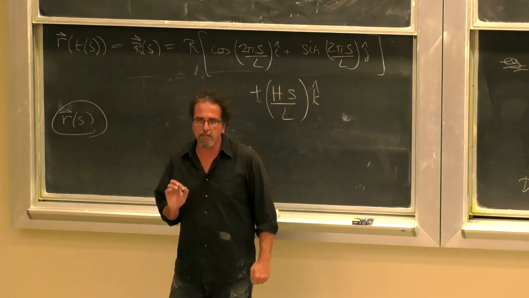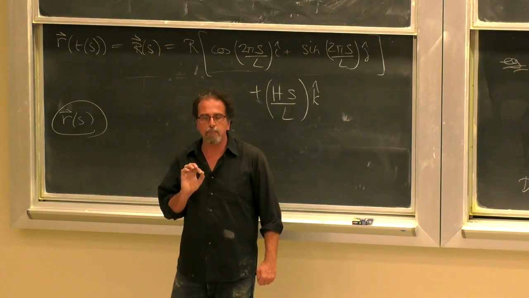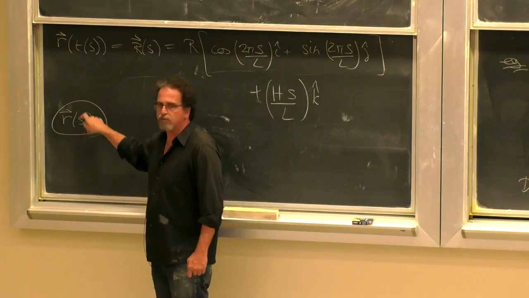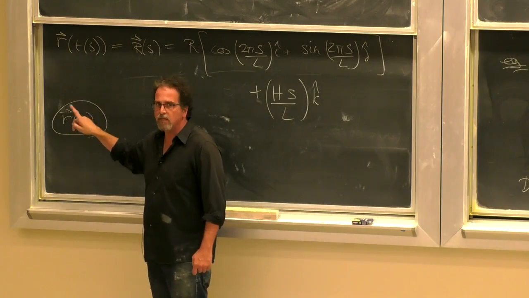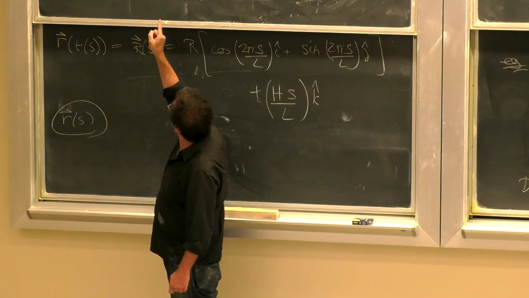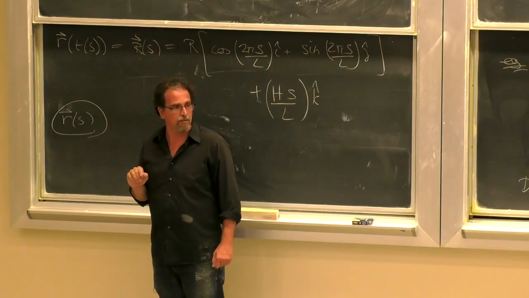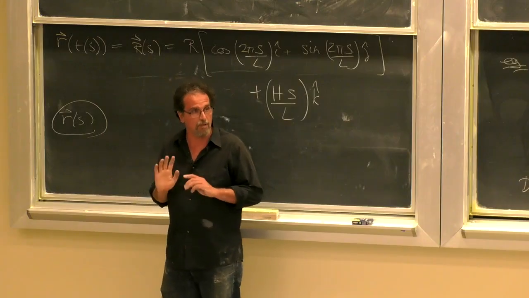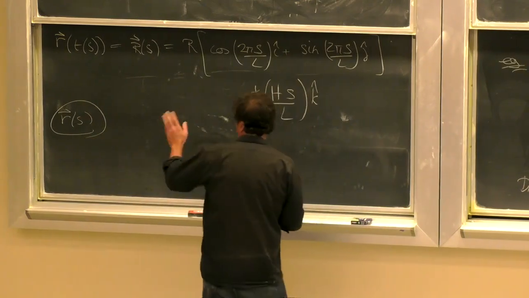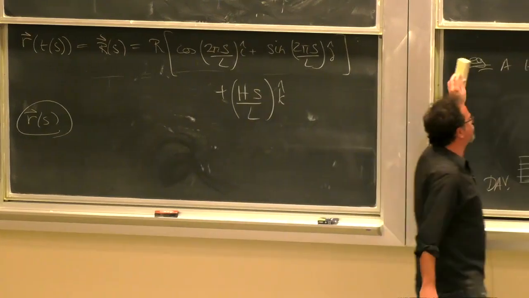I think it's a little bit imprecise, because this says take the time parameterization and replace t with s. And you can't replace t with s. You have to replace t with capital T over L times s. So that's the arc length parameterization. So you have to be careful about understanding this. But let's use the book's notation.